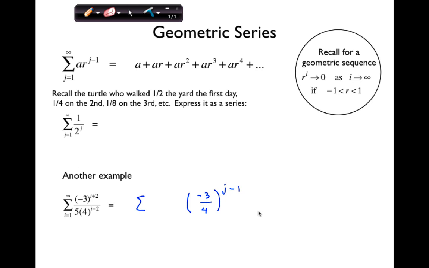Now the question is, how do I get it to be equal to this? So let's look at the numerator. So we have the 1/5, that's that 5 right there. Now, how many -3's do I have multiplied together? Oh, sorry, I should have put i, not j. So i minus 1. Dang, I keep putting j. It's i.